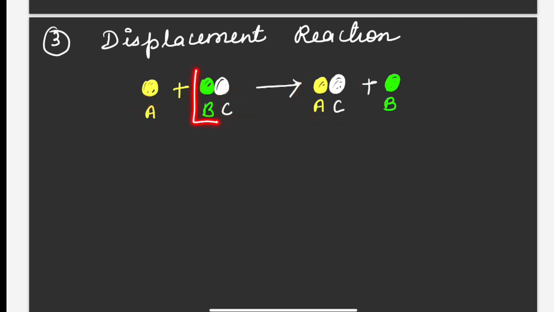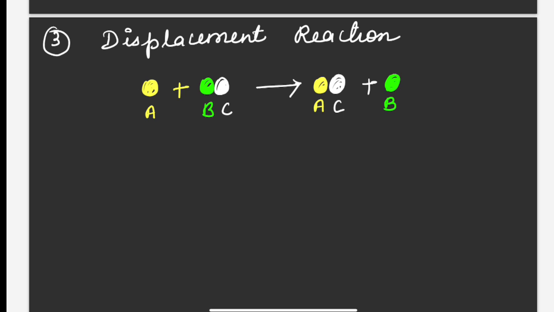So what has happened to B? B is removed, or we say it is displaced. Therefore this is called displacement reaction, where one element will be displaced by another element.